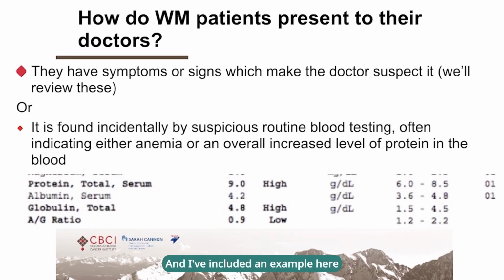And I've included an example here of when the total protein in the blood is too high. If you look here, the total protein in the serum is 9.0, and the range is 6 to 8.5. And so what does that mean? Well, what it means is that there's too many proteins in the blood, and some of those proteins are called globulins. And indeed here, if you look here, the globulin total in the blood is higher.